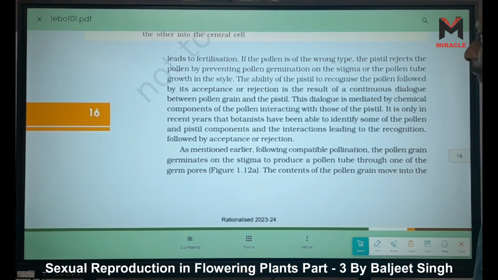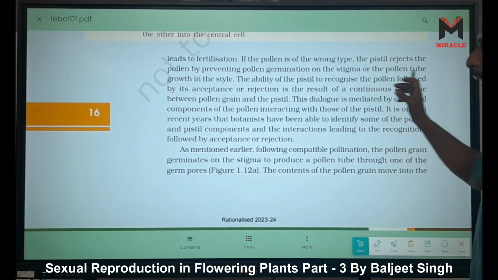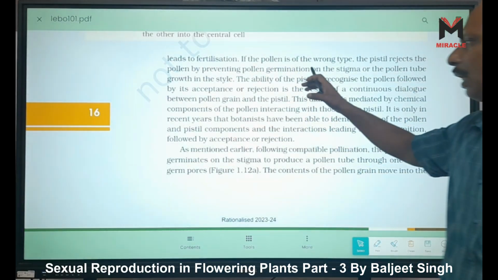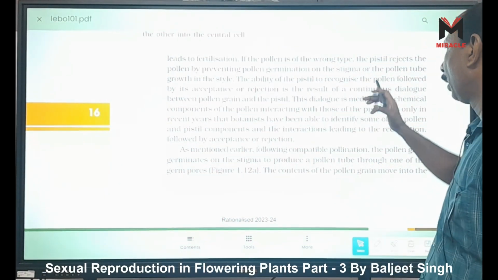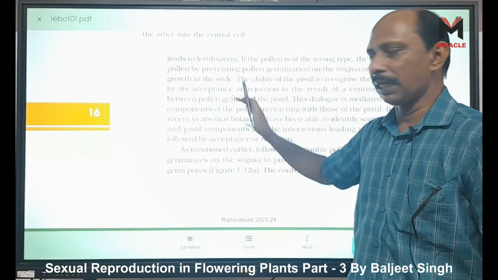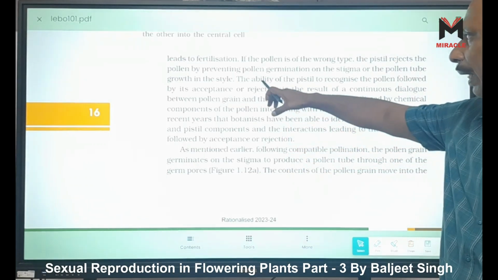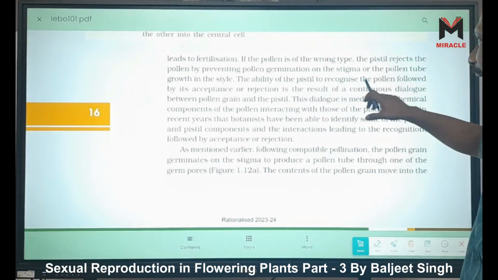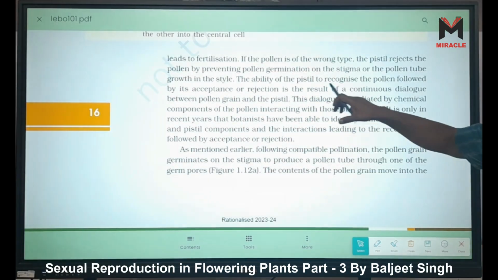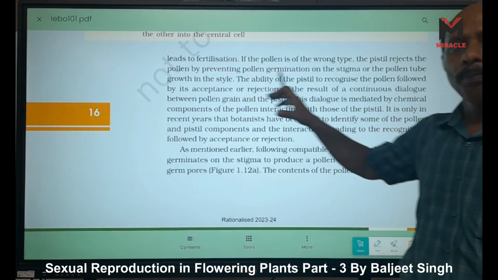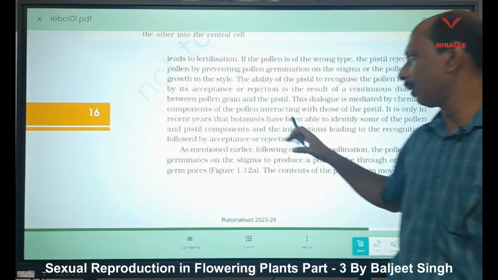That leads to fertilization. If the pollen is of the wrong type, the pistil rejects the pollen by preventing pollen germination on the stigma. Then the pollen tube is not germinated, or the pollen tube stops in the style, right? The ability of the pistil to recognize the pollen, followed by its acceptance or rejection, is the result of continuous dialogue between pollen and pistil.